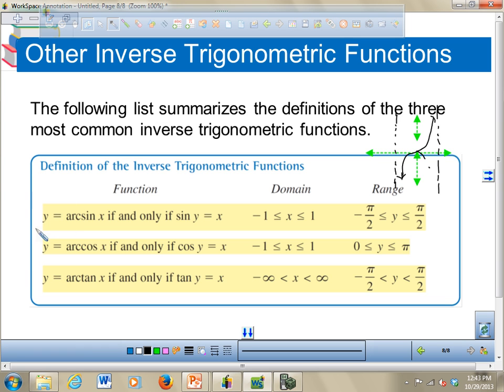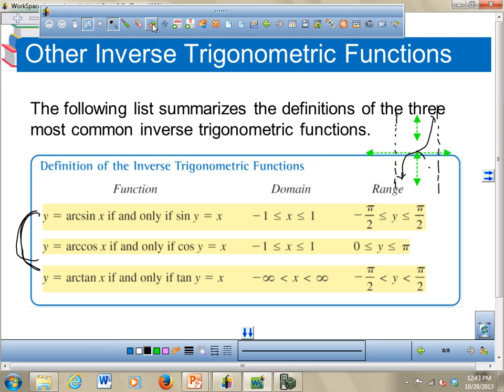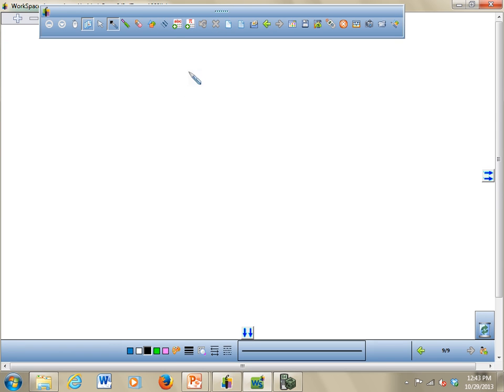So sine and tangent, you look for in quadrants 1 and 4, and inverse cosine, you look for in quadrants 1 and 2. Just so you know, inverse tangent, if you were to graph it, it looks like tangent twisted inside and backwards.